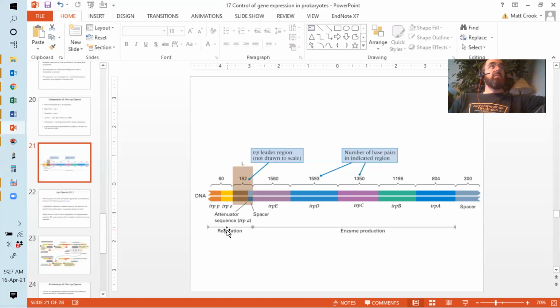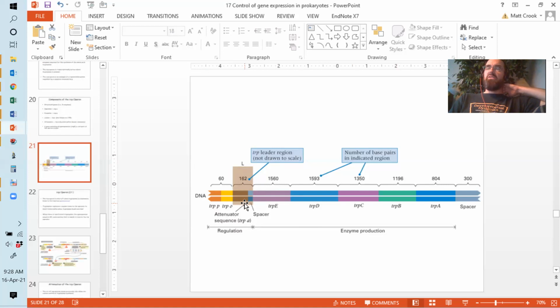So if tryptophan is present in really high levels, then the TRP repressor will bind here, and RNA polymerase will not be able to transcribe these structural genes. Now, if tryptophan is not present at super high levels, TRPR does not bind. RNA polymerase can transcribe this mRNA potentially.